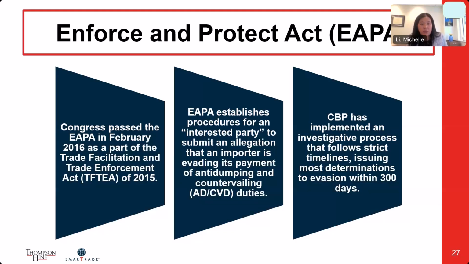It established some procedures for an interested party to submit an allegation that an importer is evading the payment of the AD and CVD duties, and Customs has implemented a thorough process that follows strict timelines, issuing a determination of evasion within just 300 days.